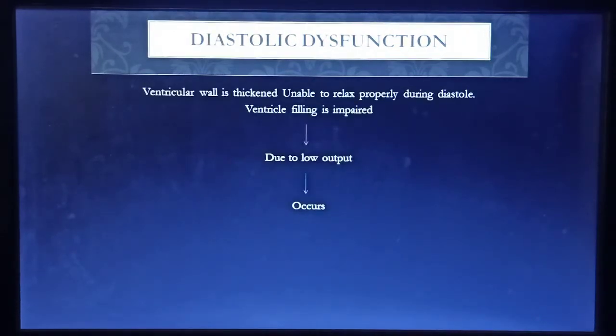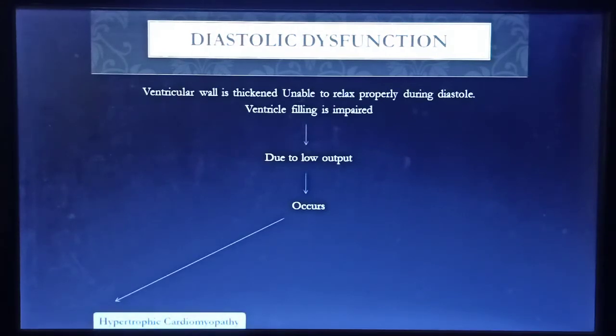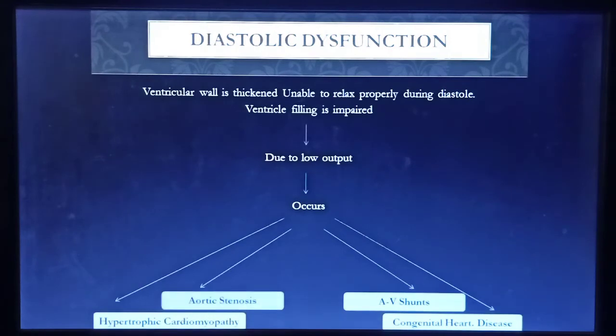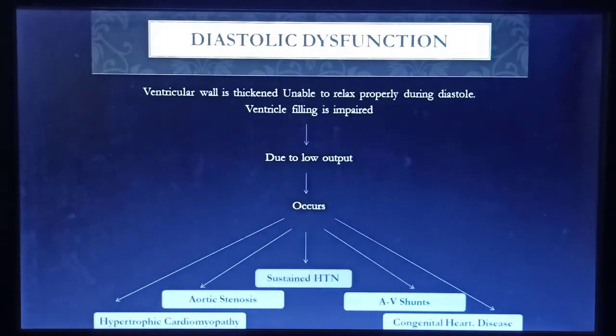Diastolic dysfunction means the ventricular wall is thickened, unable to relax properly during contraction. So ventricular filling is impaired, leading to low output. It may occur due to hypertrophic cardiomyopathy, congenital heart disease, arteriovenous malformations, aortic stenosis, and sustained hypertension.